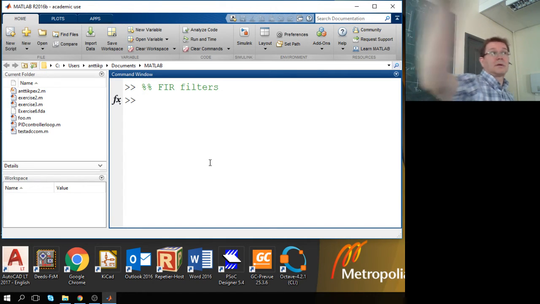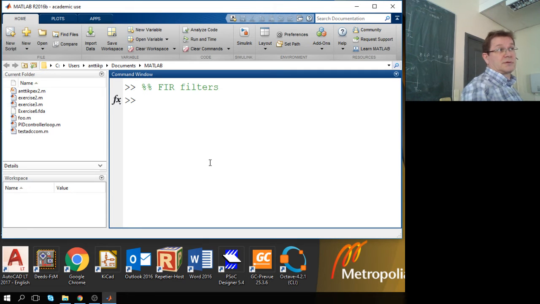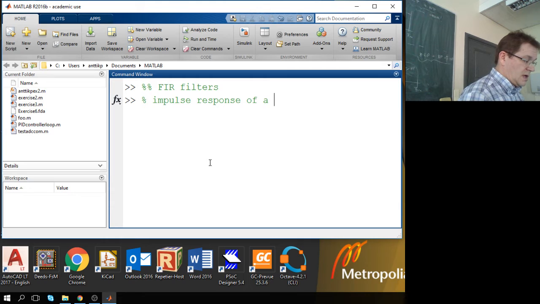For example, a running average filter at first, just for fun, unscaled running average. So I'll add the scaling factor later on. So the impulse response of a running average filter.